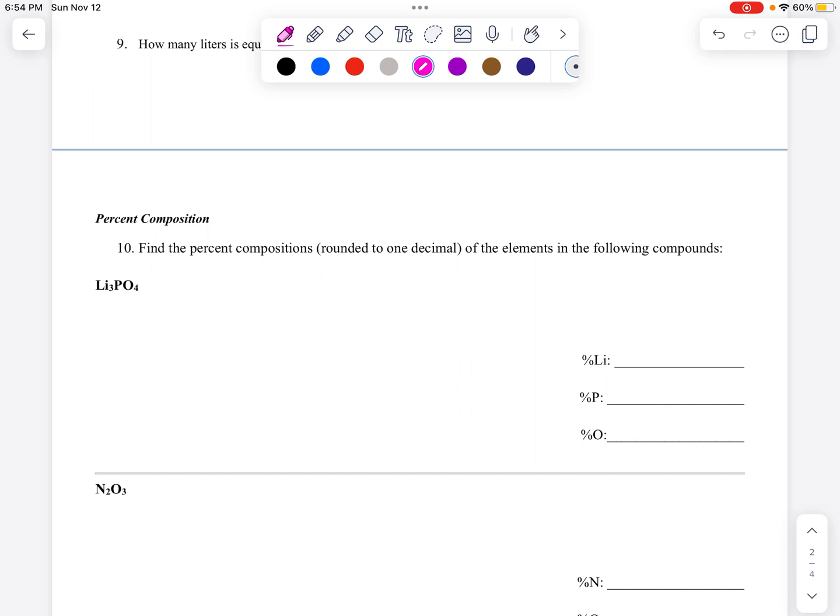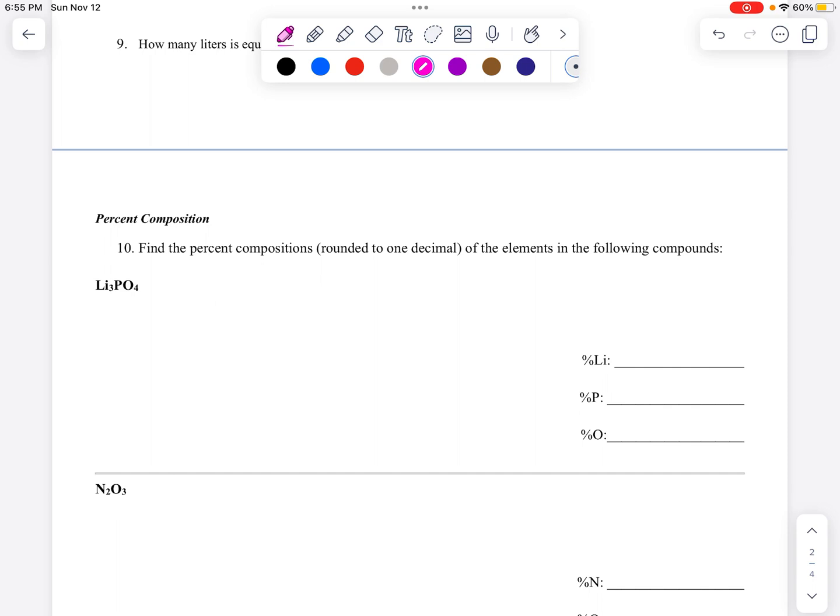Li3PO4, that is lithium phosphate. Okay, we're going to try to find out what percentage lithium, what percentage phosphorus, what percentage oxygen occupy within this big compound, okay?